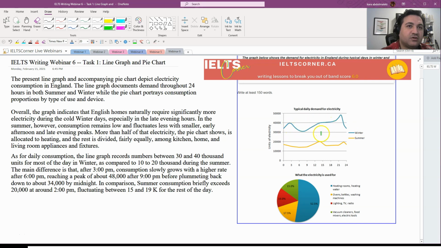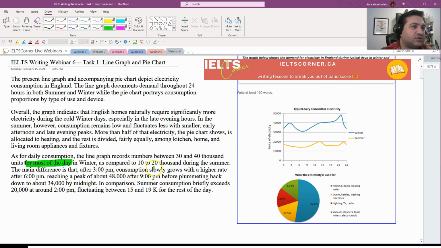They are between 30 to 40 until 3 p.m. But then after that, they slowly go above 30 to 40. They go into 50 briefly, closer to 50, and then come down. So for that reason, I have said here for most of the day, just to make sure that I'm not inaccurate.